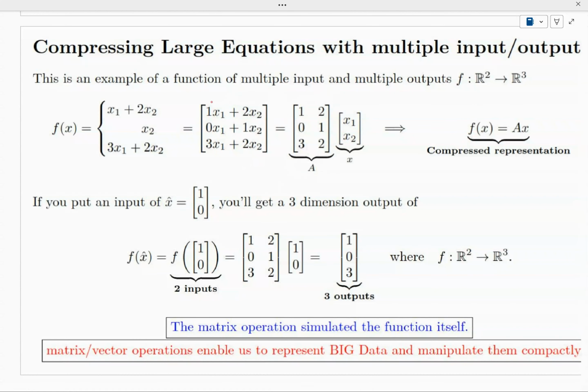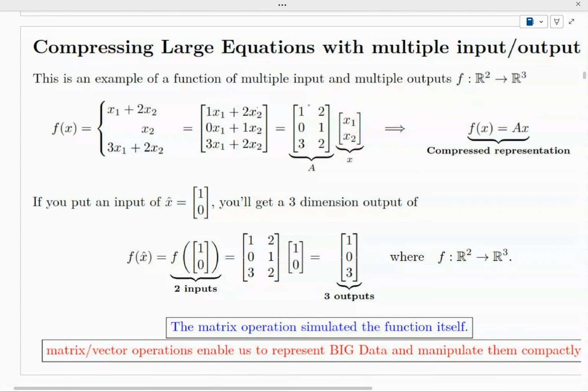It becomes a matrix-vector multiplication. Once we do the multiplication and perform the dot product, it is equivalent to this. We multiply and we add. That's where this addition comes in.